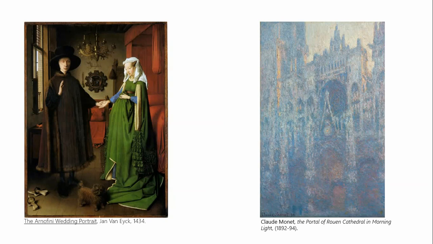If anything, most of the colors of the Van Eyck painting are neutrals and earth tones. But the colors that are the most significant, the most intense, and really draw our attention and seem to be the most important are the red of the bed and the green of the dress, with the one exception being the blue of the sleeves. So although it's not entirely complementary, it is definitely a painting that's organized around complementary colors.